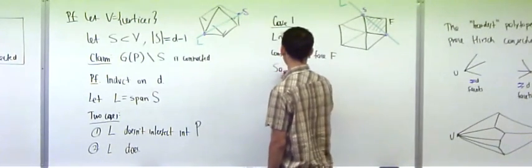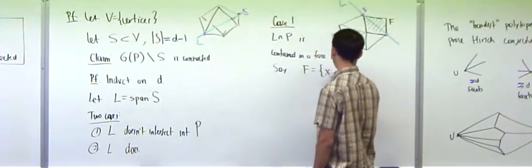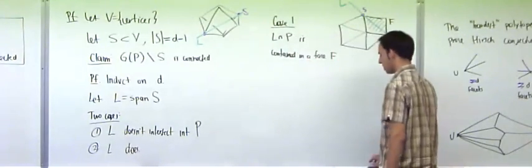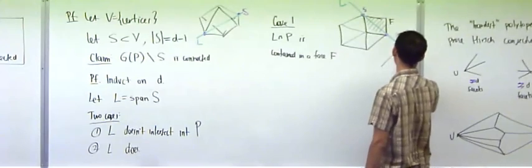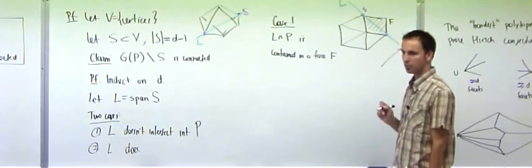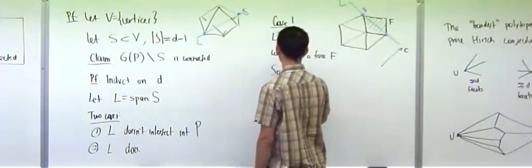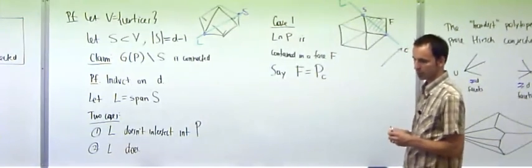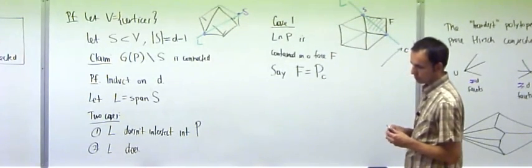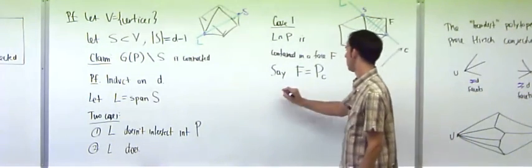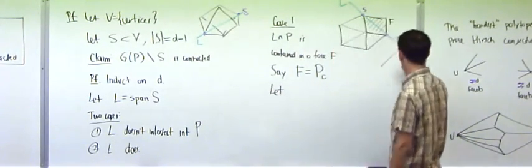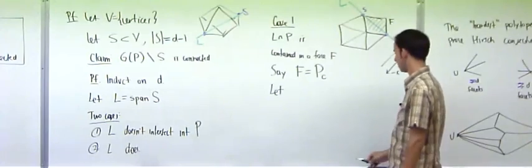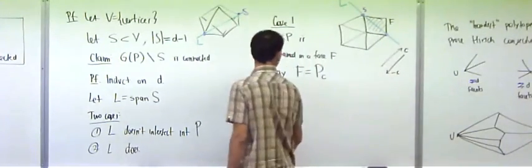And we're going to say that F is maximized by the direction C. We know that's what it means to be a face. It's the part of the polytope maximized in some direction. And then what I'm going to do is now look at the opposite direction, minus C, and look at the optimal face in that direction.